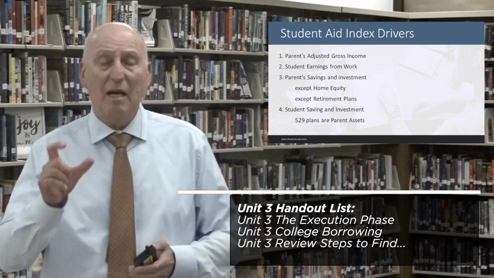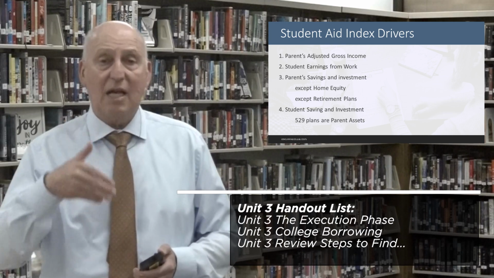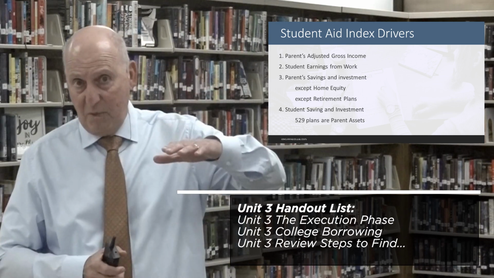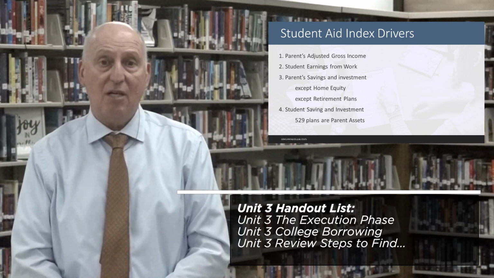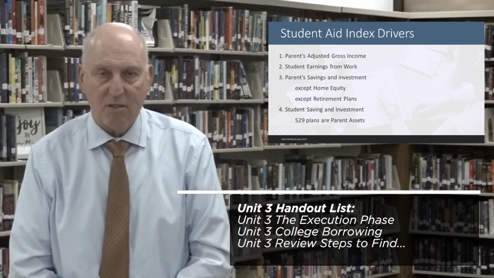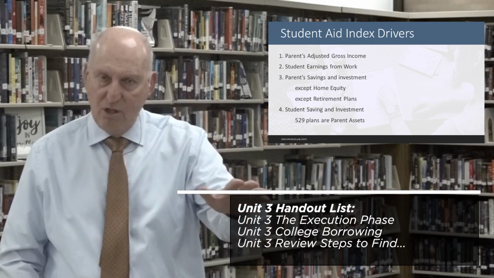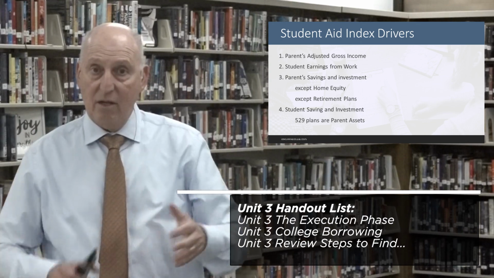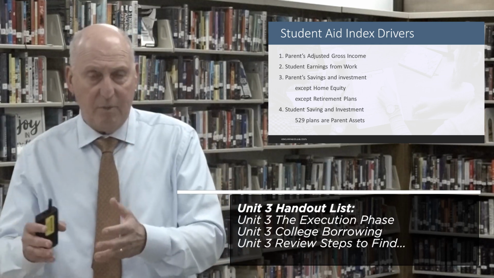That is going to be a higher element than in the past. As they moved to FAFSA simplification, what they did was lower the expectation from income and increase the expectation from savings and investments. But what you do with your savings and investments is totally up to you prior to the day that you file the document. There are categories that have to be included and categories that should not be included.